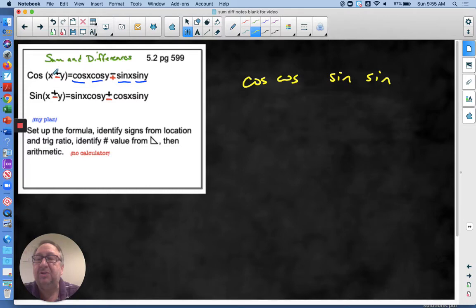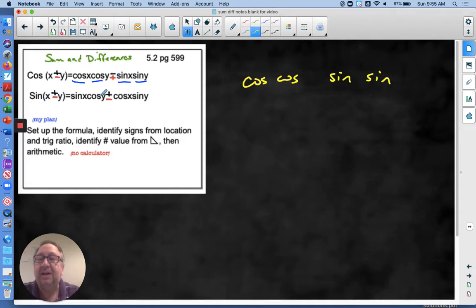If it's cosine of a sum, x plus y, it is always going to be a minus formula. And if it's the cosine of a difference, x minus y, that's always going to be a plus. So we get a switch of the signs here. Cosine of a sum is a minus formula. Cosine of a difference is a plus formula.